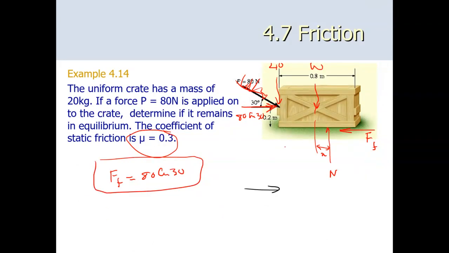But vertically speaking, I can say that 20 kilogram, which is 20 times 9.8, minus 20 times 9.8 plus N plus 40 is equal to 0.